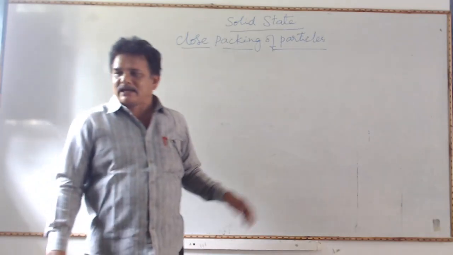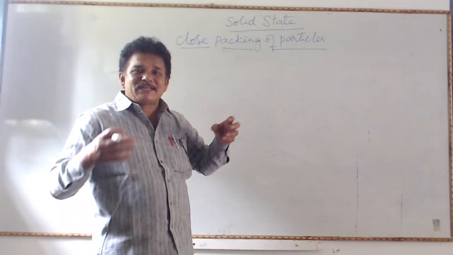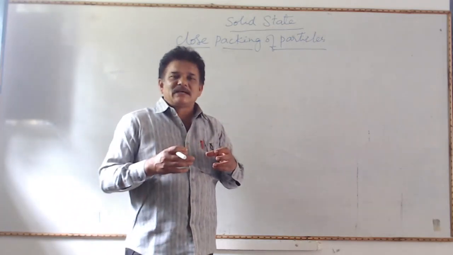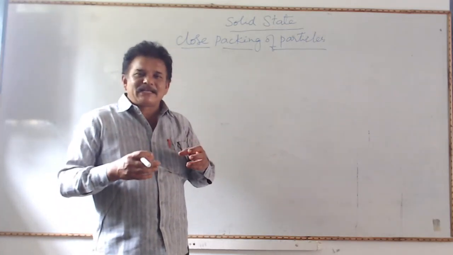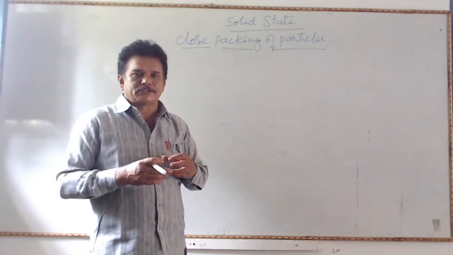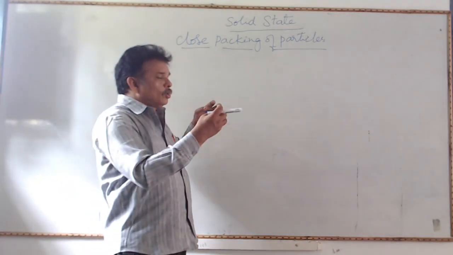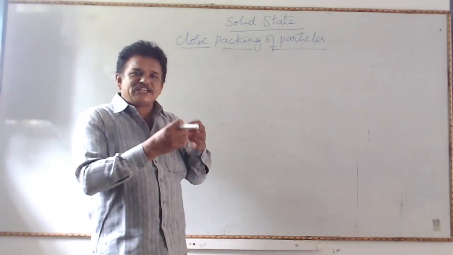We are all aware that the particles are closely packed in solids because the interparticle forces are high when compared to thermal energy. So these come close to each other and they are closely packed with each other.